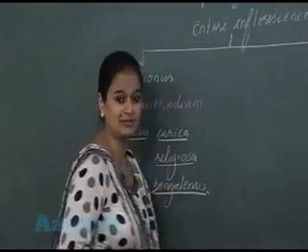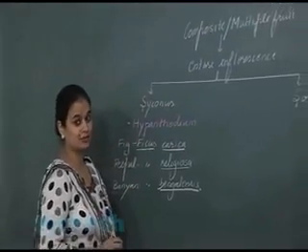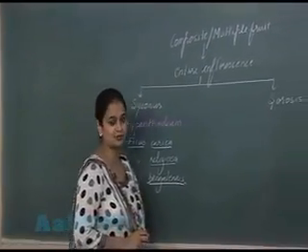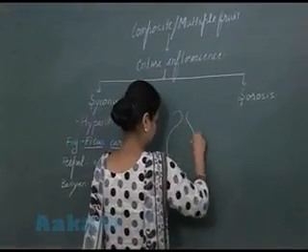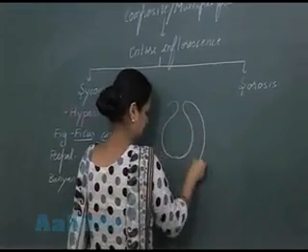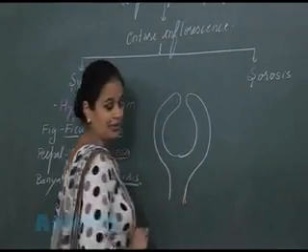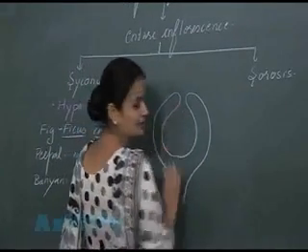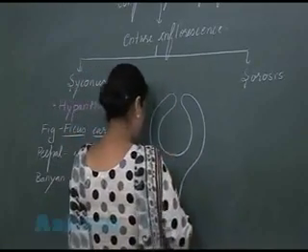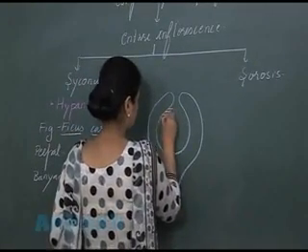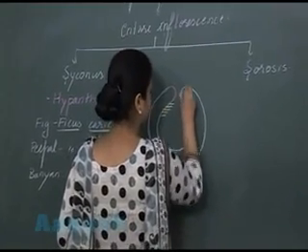I had already discussed that in the case of hypanthodium inflorescence, there is presence of a flask-shaped receptacle like this. Flask-shaped receptacle, right? And inside this cavity there are three types of flowers. On the upper side, which is near the mouth, there are male flowers.